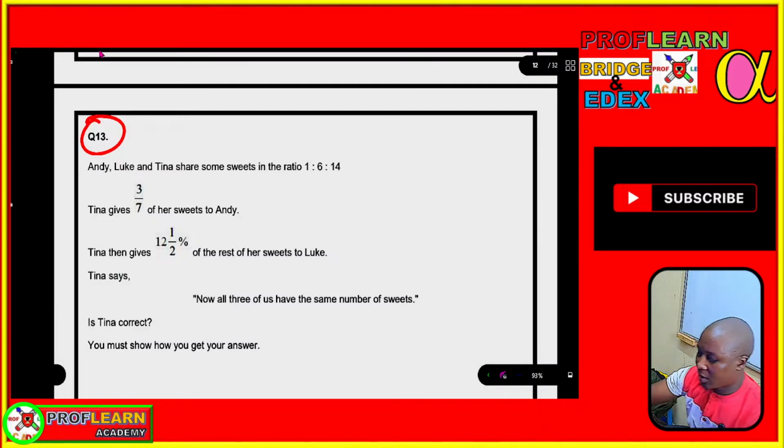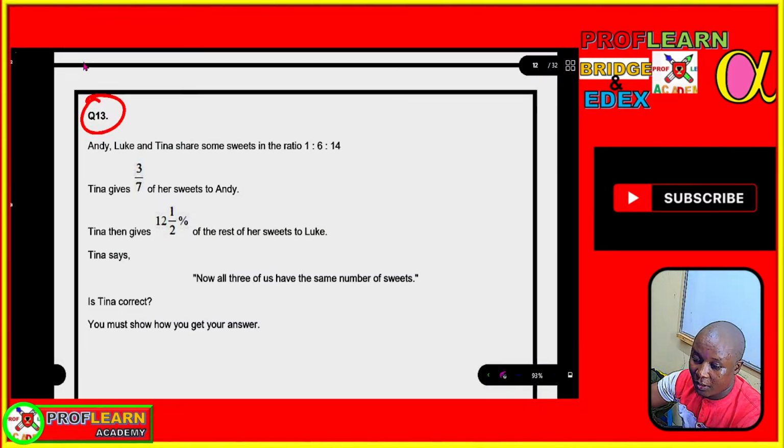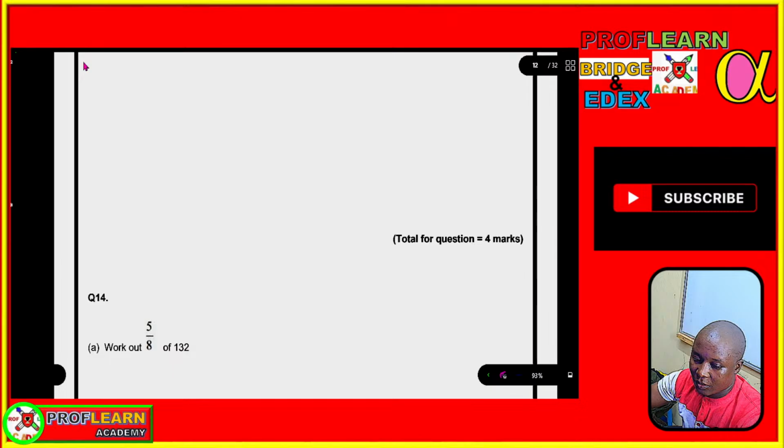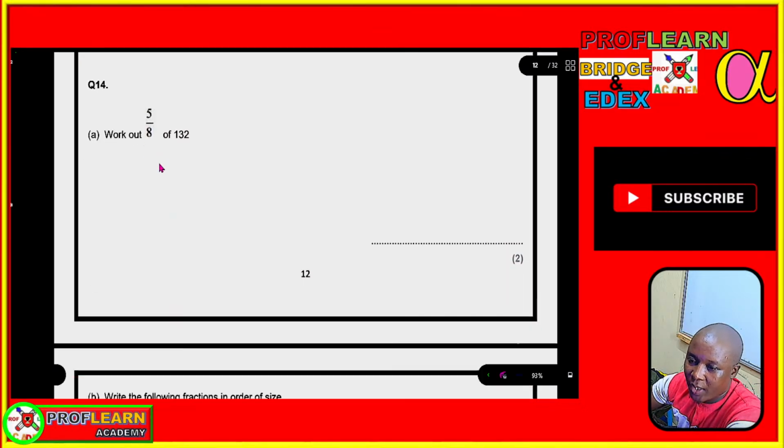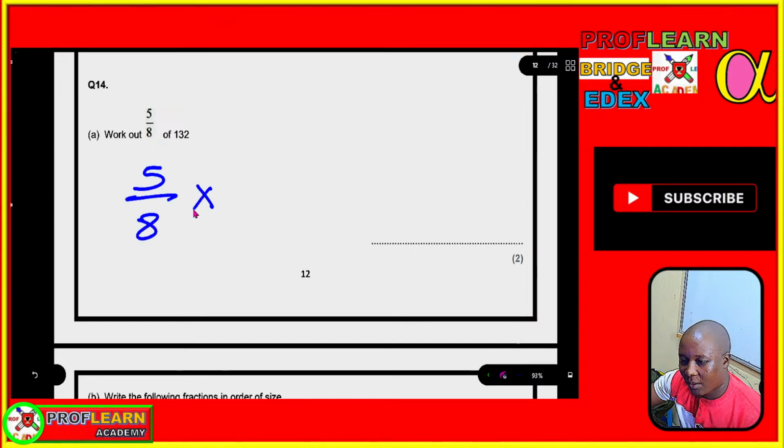So let's focus on our foundation paper here. Work out 5/8 of 132. This is actually 5/8 times 132 over 1.